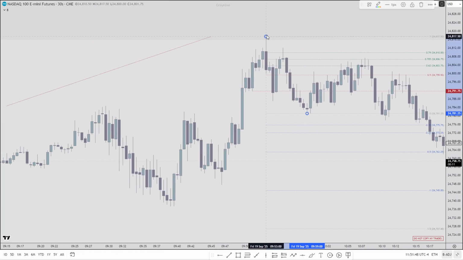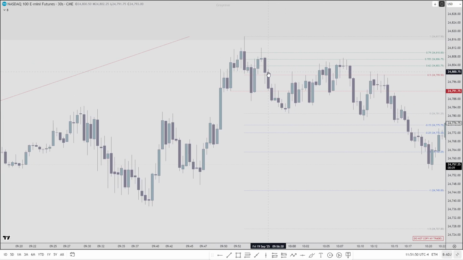So dropping down into the 30 seconds, from this high to this low, above 50%, we don't see any inversions, but we do have these two up close candles. But if you take a look closely, we have this swing high right here.